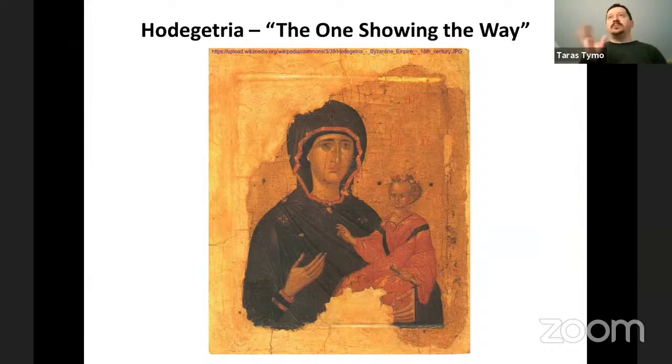And if you want to unmistakably identify hodigitria, there are 2 things. They sit apart from each other, so the embraces are not tight. They are not leaning towards each other, but Mary is like a throne. She's holding Jesus and pointing towards him. So the pointing gesture and the two separate silhouettes are the important traits of this iconography.